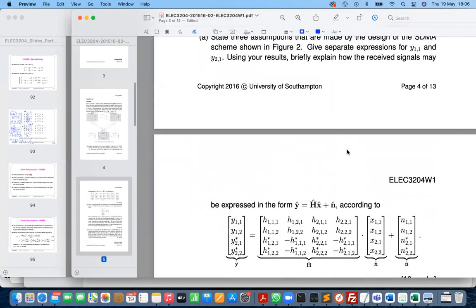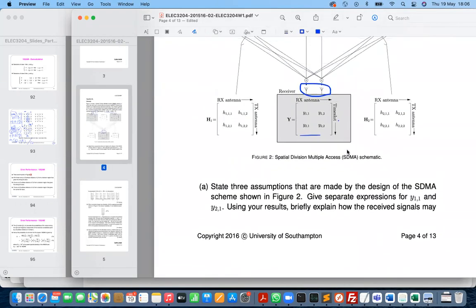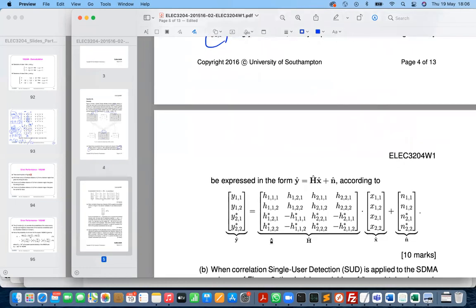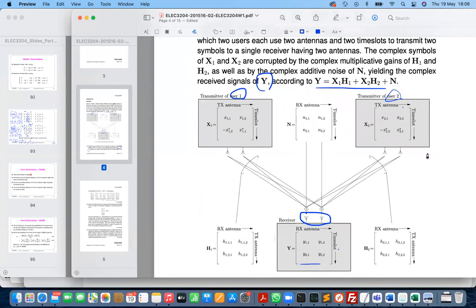The first question is you need to extend the expression for y11 and y21, and then eventually you want to arrive here. Because the transmission pattern has repetitions, you have x21, for example, transmitted twice with some change in conjugate.